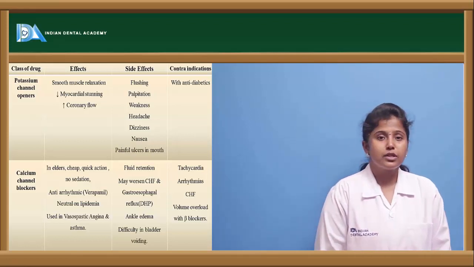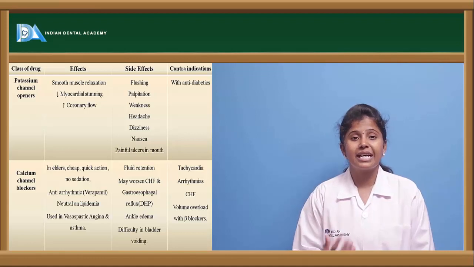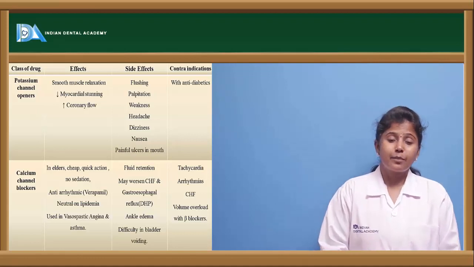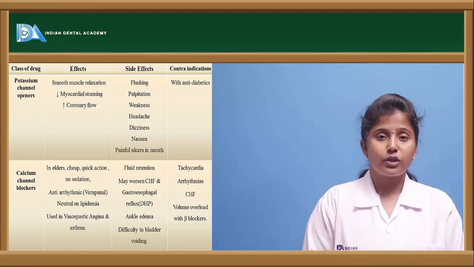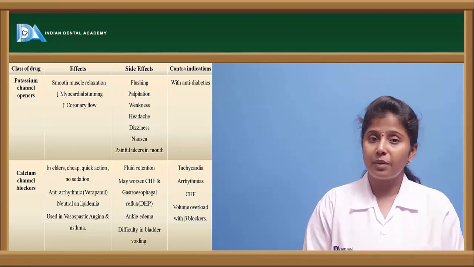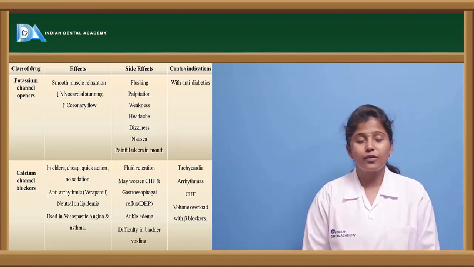The side effects of these drugs include fluid retention. The excessive fluid retention leads to an increase in blood pressure, and they even worsen the condition of congestive heart failure. So these drugs should not be given in congestive heart failure, and they cause gastroesophageal reflux.